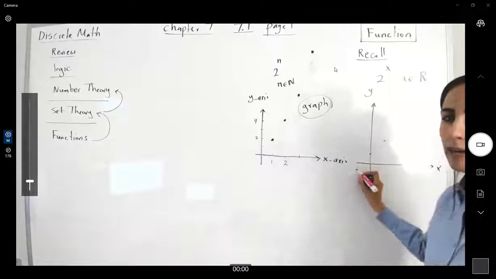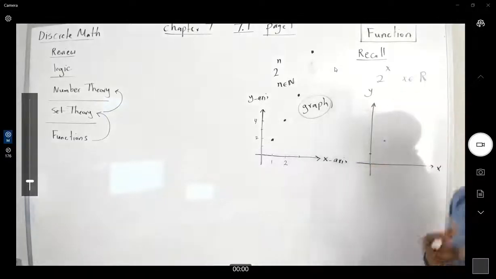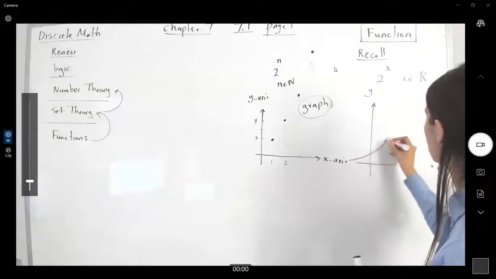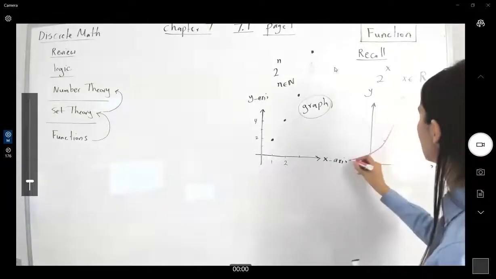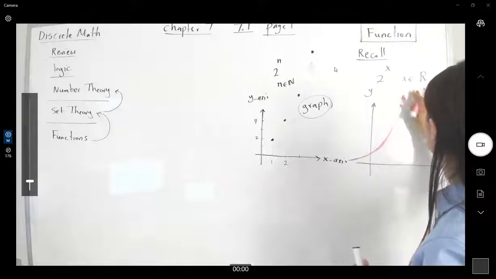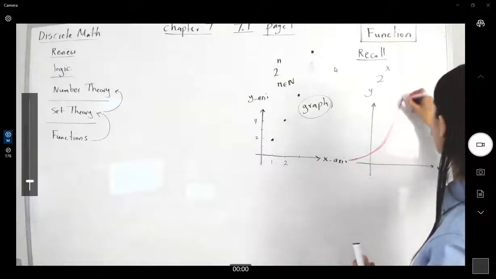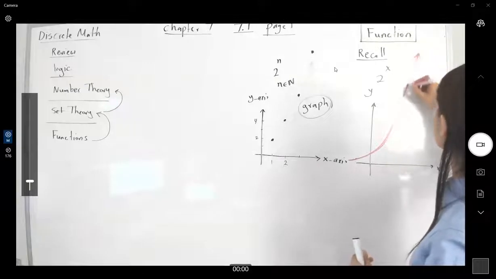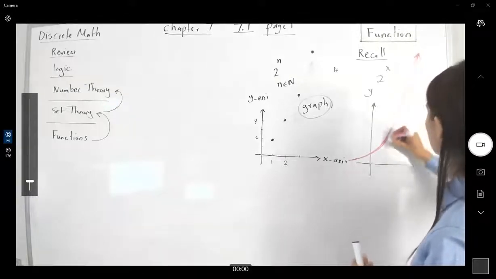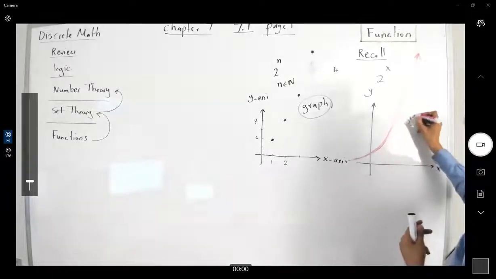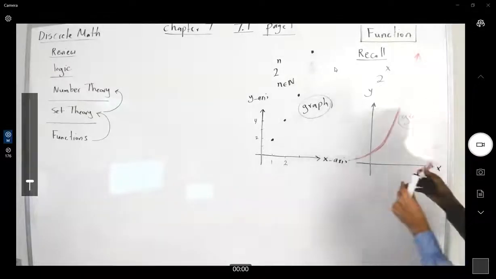I can plug in negative numbers as well because x belongs to the real set. So the graph is going to be a continuous graph. And this is the behavior. It goes up. So let me just show you. This guy continues. And there is no gap. This is the graph of this function.